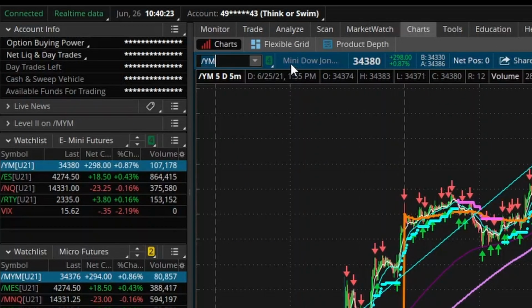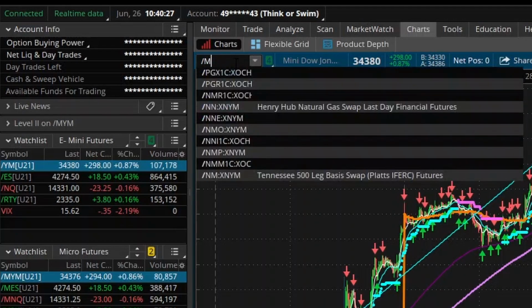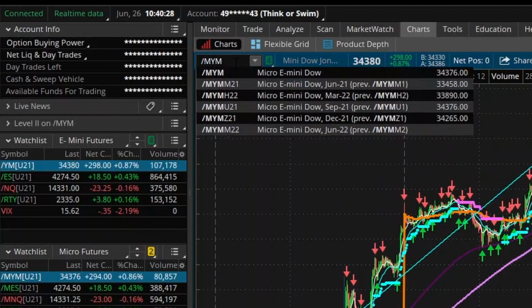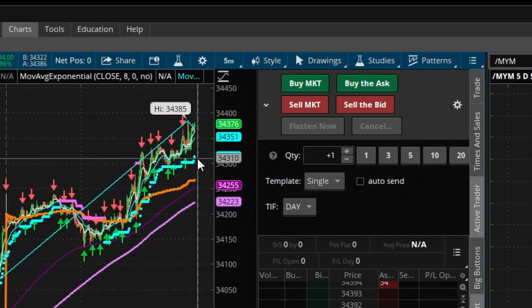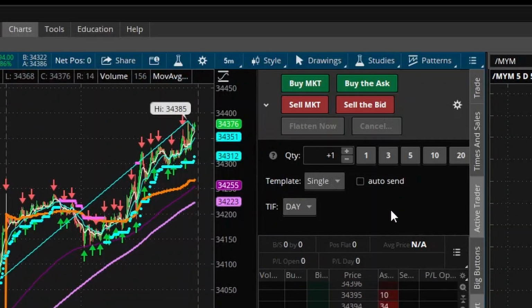Now I'm going to show you what the numbers are for one contract of the MYM, which is the micro for the Dow Jones Industrial Average. An MYM is 1/10 of a YM, or you can think of it as 10 contracts of an MYM equal to 1 YM.